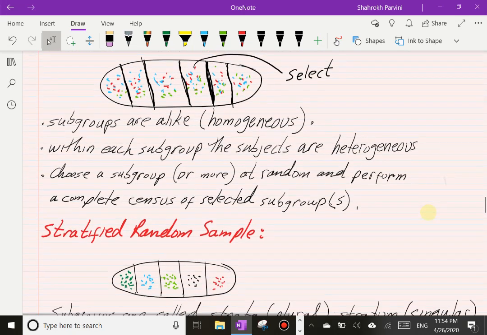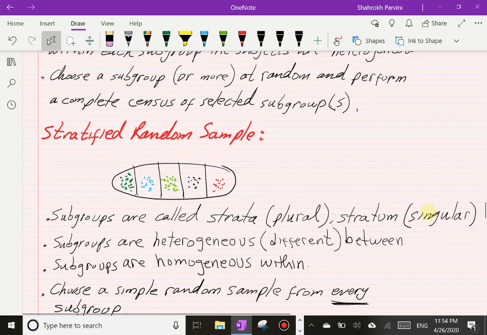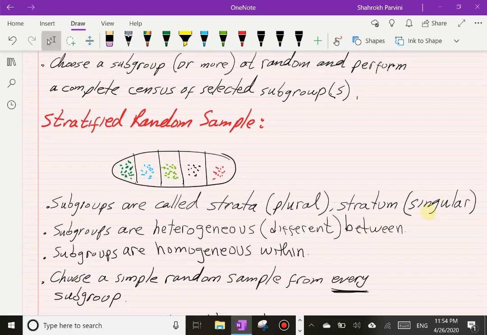The last of our sampling methods is this one, the stratified random sample. Now, for this one, if you look at the stratified random sample, just like a cluster, what I've done is I have divided the population into subgroups.